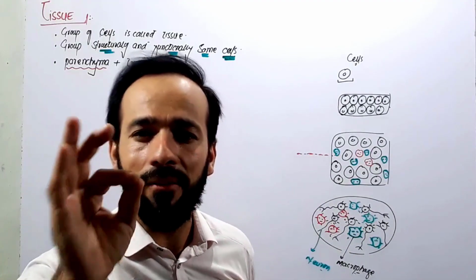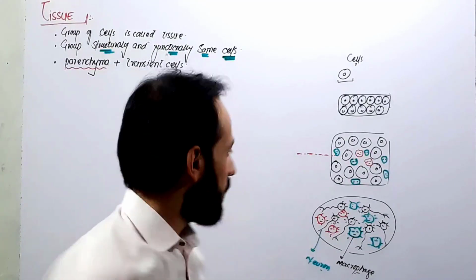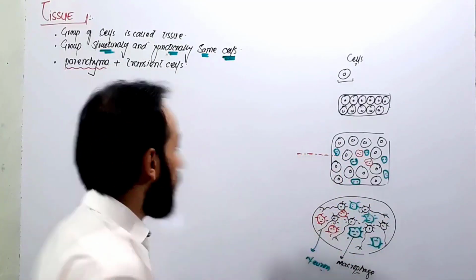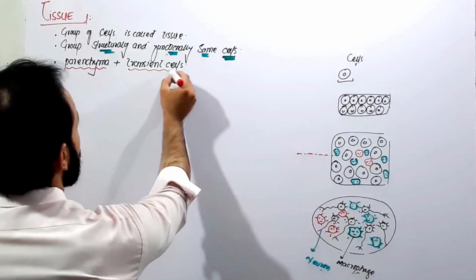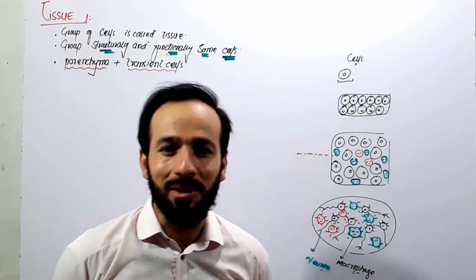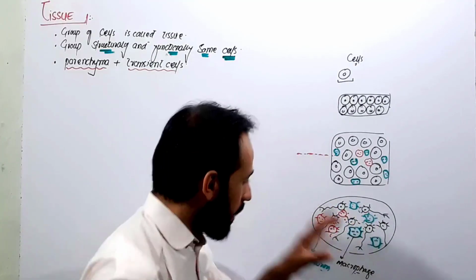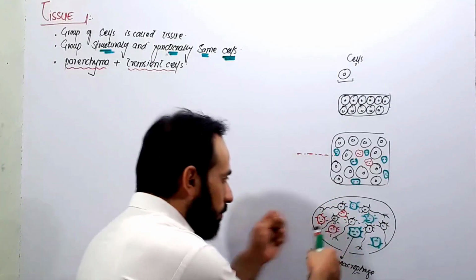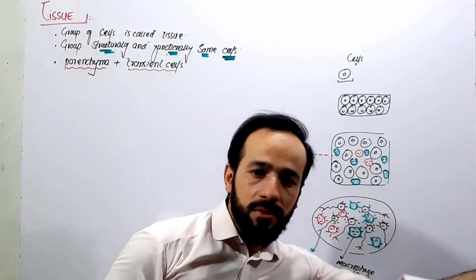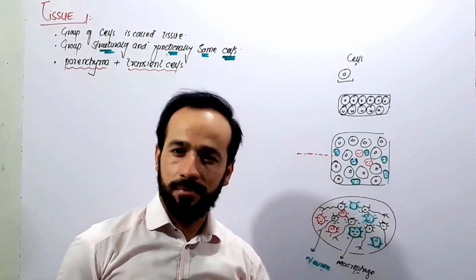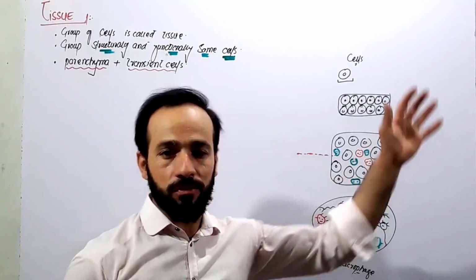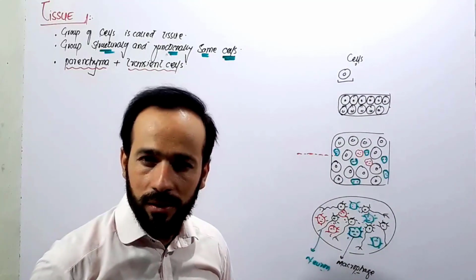These cells will never leave the tissue, right? They will remain there. And what is meant by transient cells? Transient cells are those cells which will come, right, from other tissues and will remain there and will perform certain functions and then will leave the tissue. They will go, and then other groups of transient cells will come and join, right?